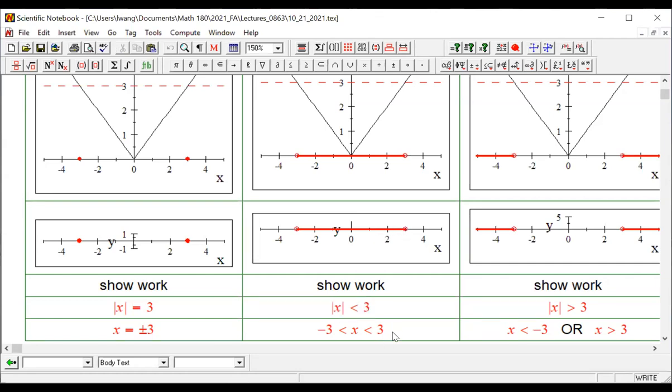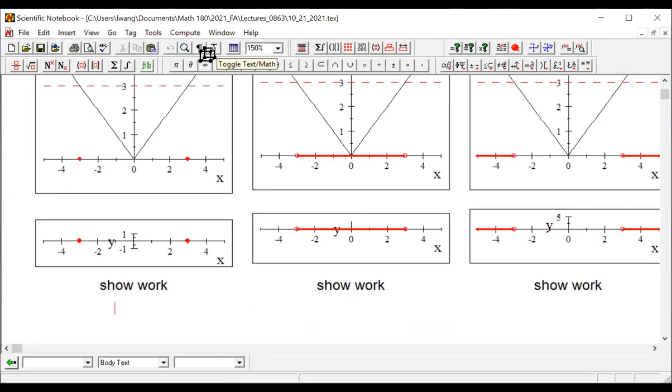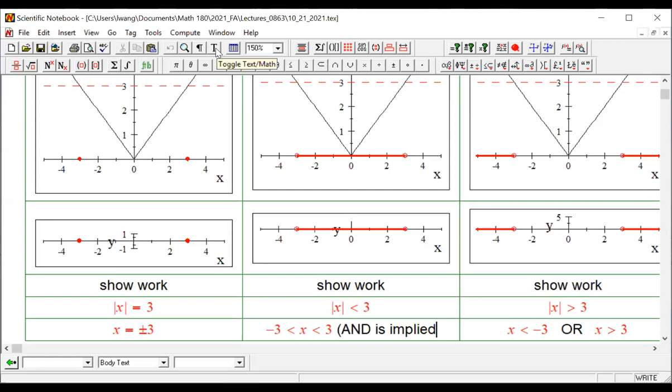So in this case, the word AND is implied. Basically, it says the solution is all real numbers that are greater than -3 and smaller than 3. Only in the AND case can we combine the inequality.